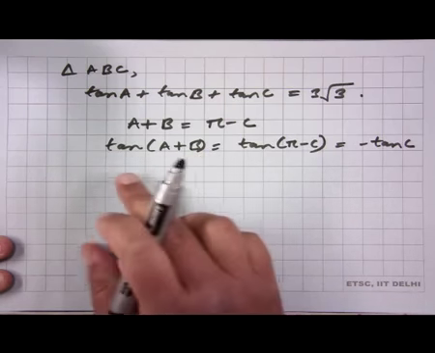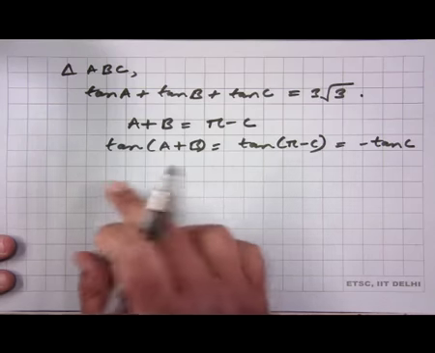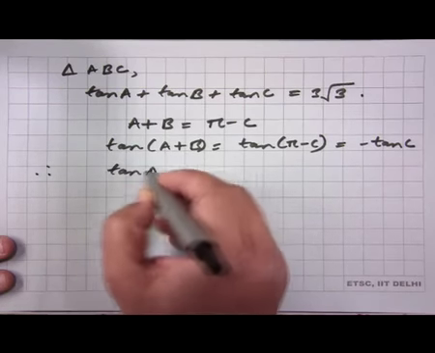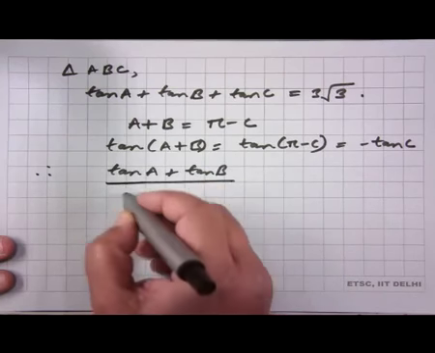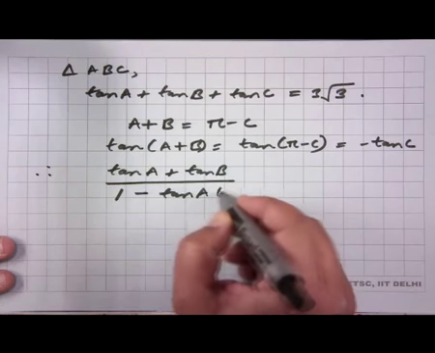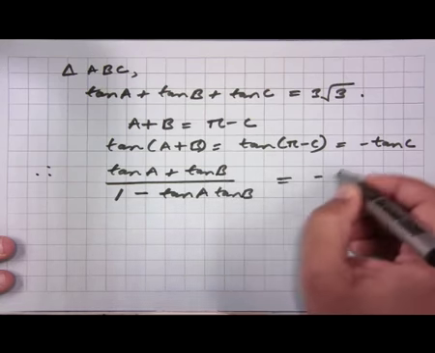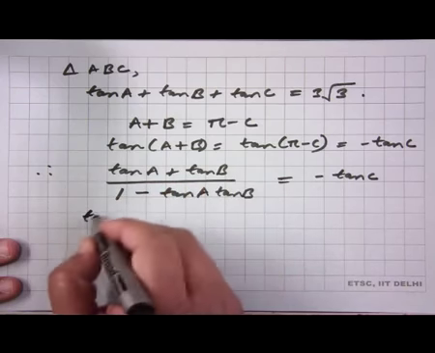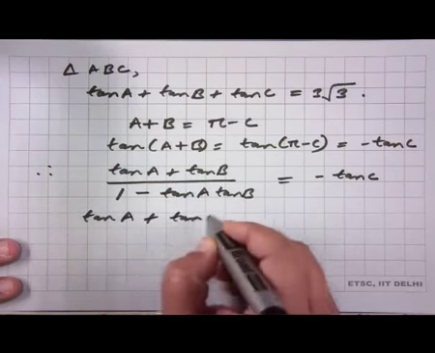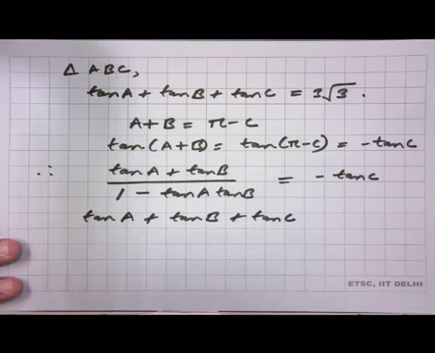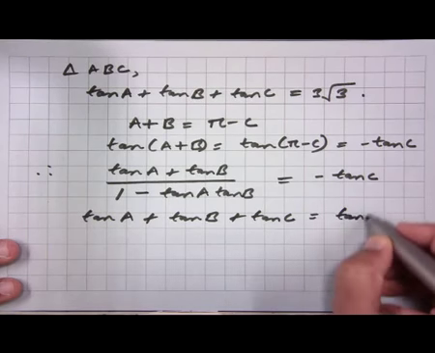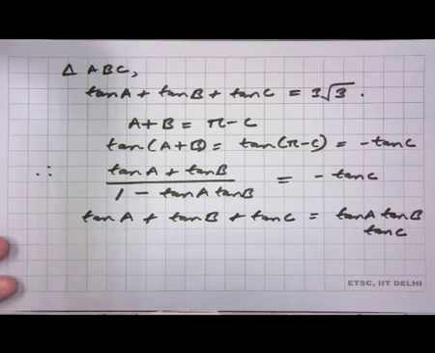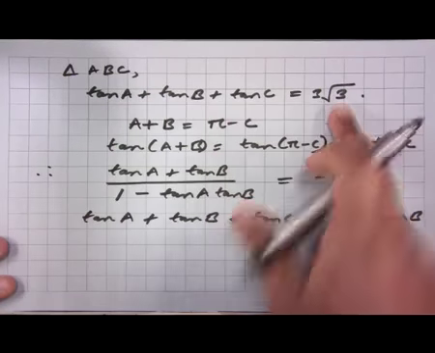So, tan A plus B is tan A plus tan B divided by 1 minus tan A tan B. Therefore, if this is true, then tan A plus tan B upon 1 minus tan A tan B equals minus tan C, and simplifying this will give us tan A plus tan B plus tan C equals tan A into tan B into tan C.